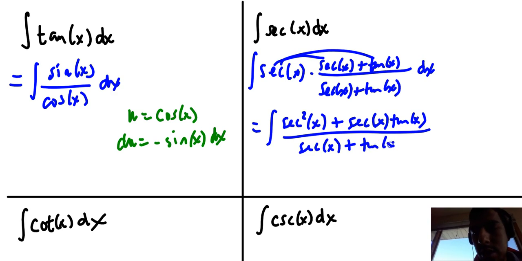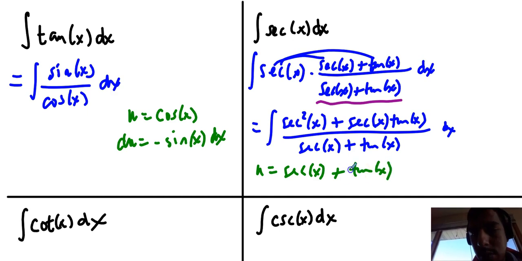It looks like we're going to need to do a u sub, because just multiplying by that one little part actually helped me out quite a bit. I could do a u sub on the denominator, which means du is going to be equal to the derivative of secant x, which is secant x tan x.